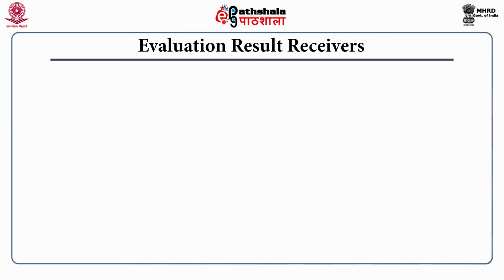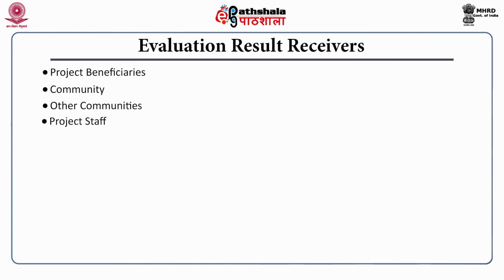Evaluation result receivers. Who are the people who will receive the results of this evaluation? These are the project beneficiaries, community, other communities, and the project staff. Apart from these, donors, general public, and research and training organizations.